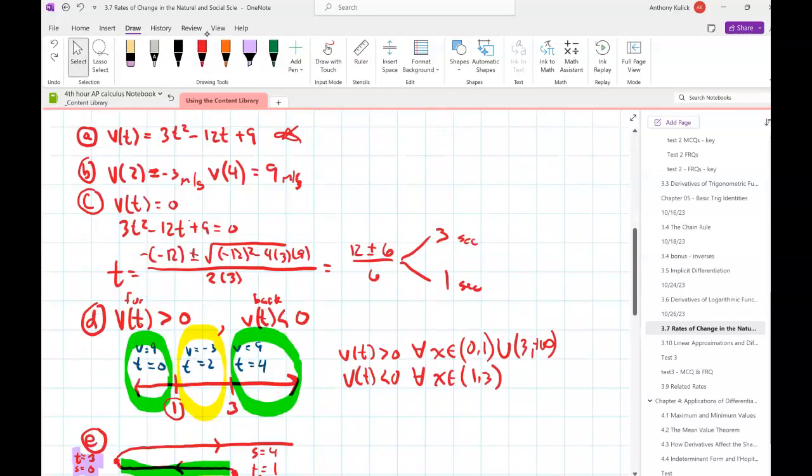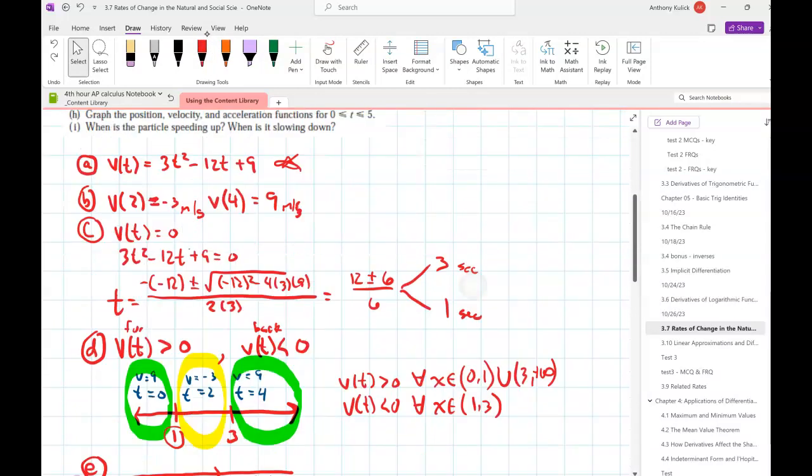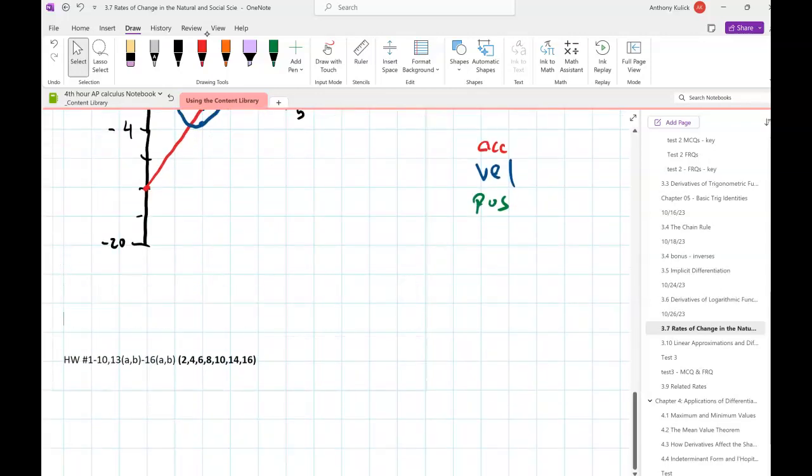Is that the last thing I asked to do here? No. When is the particle speeding up, slowing down? Okay. So how do I figure that out?